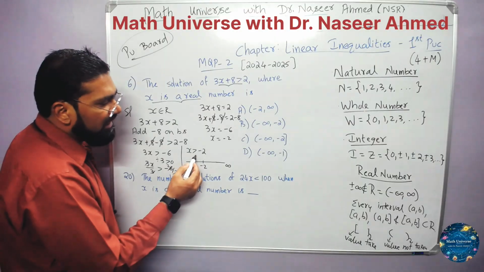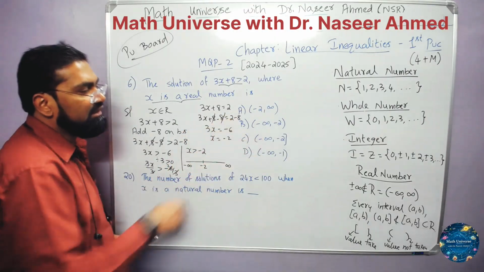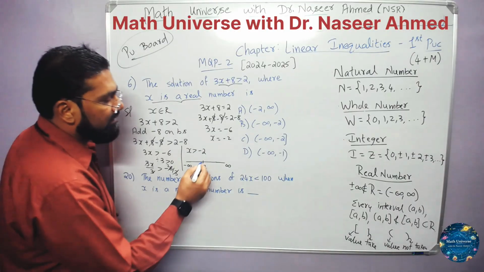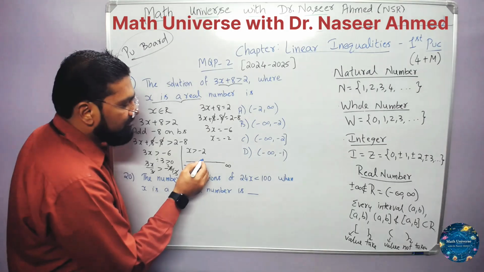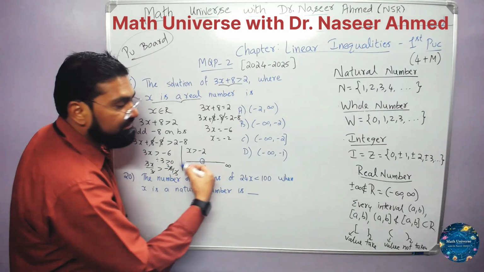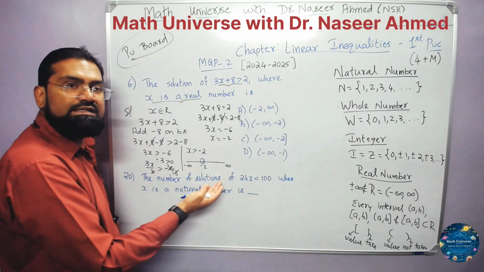Now I want more than minus 2. Let us have this habit of plotting and writing the interval also. See carefully. Minus 2: since strictly greater than is there, the value should not be taken, so open circle. More than minus 2 means right. Always, whichever number is given, if you want more, go right of that number; if you want less, go left of that number.